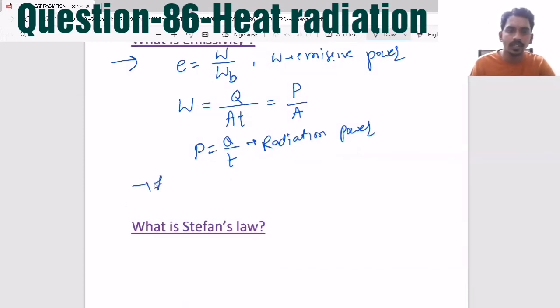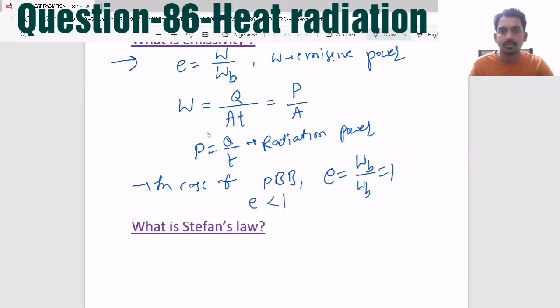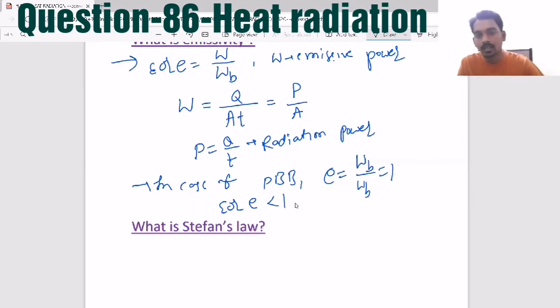So that in the case of a black body, or perfectly black body, epsilon will become WB by WB, that is 1. For all others, the emissivity epsilon will be less than 1, because only a perfect black body can emit all the radiation. Remaining surfaces can emit only part of their radiation.